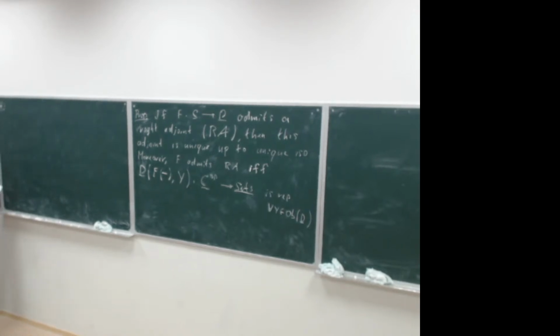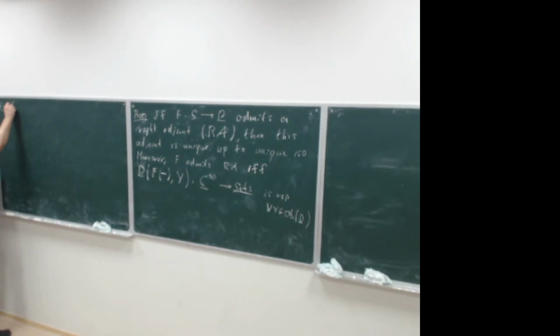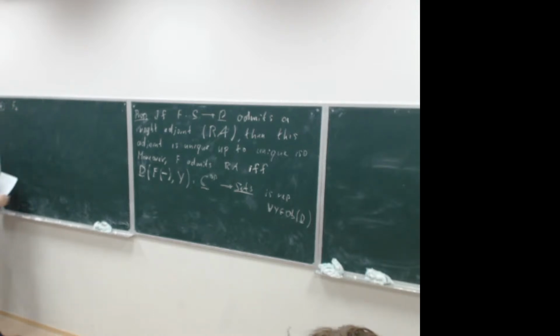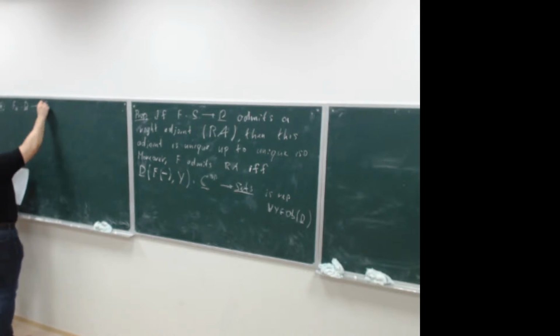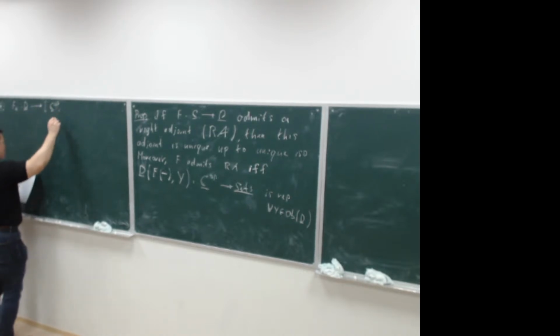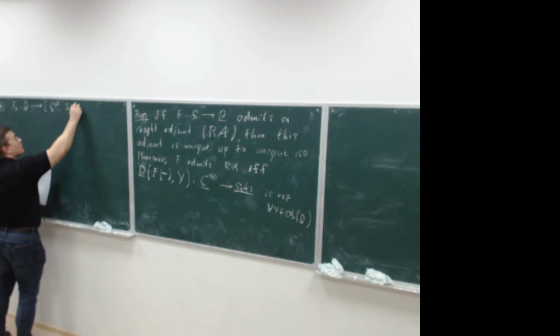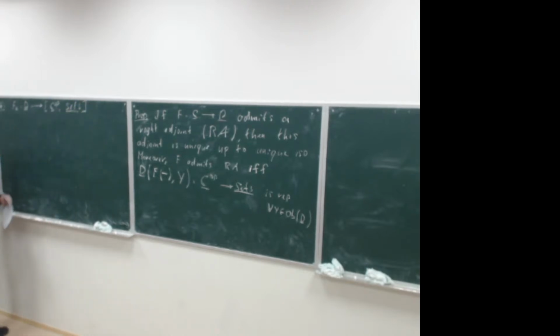Well, let me introduce some notation. So let's define F lower star the following function from the category D to the category of functors from C to S, so all contravariant functors from C to the sets.